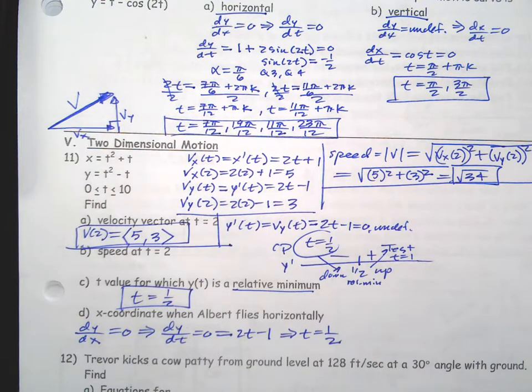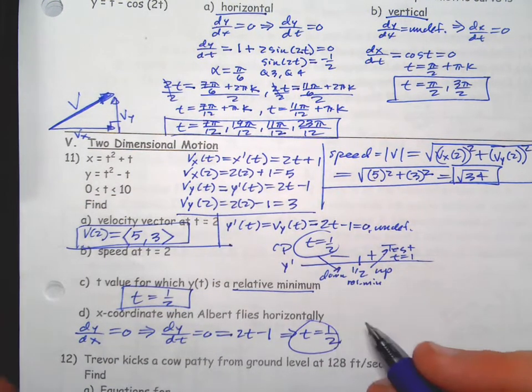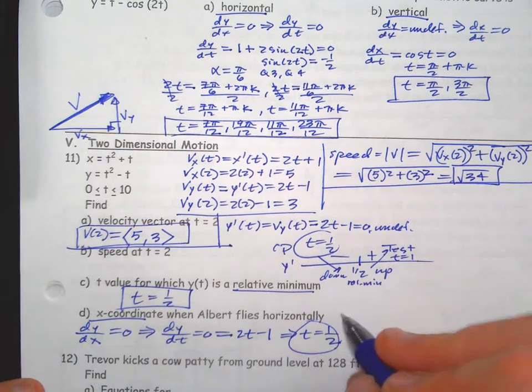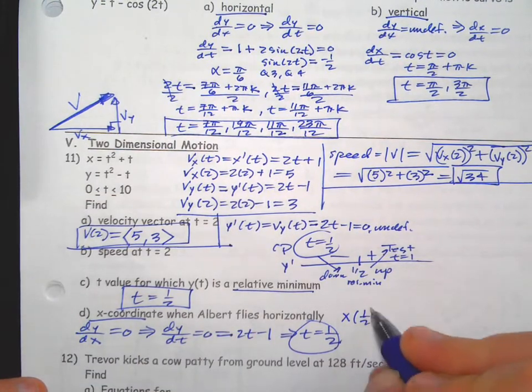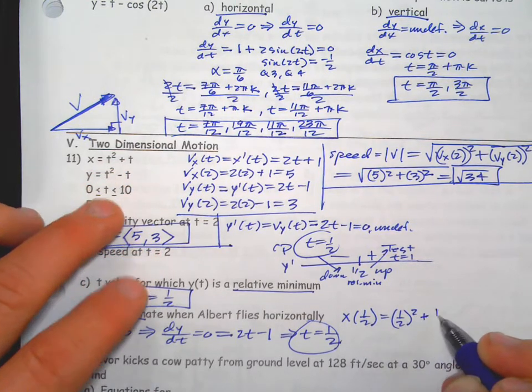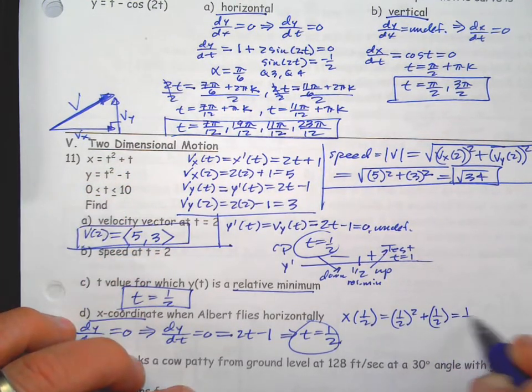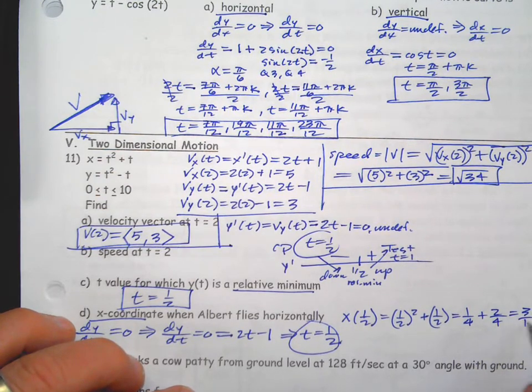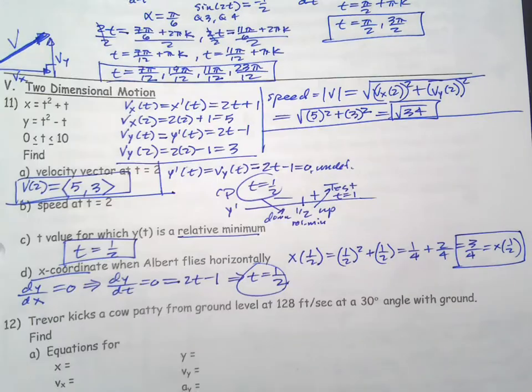Now that's the time when that happens, but we want the x coordinate. So we're going to plug that into our x equation from the beginning. And we're going to get 3/4. So there you go, 3/4.